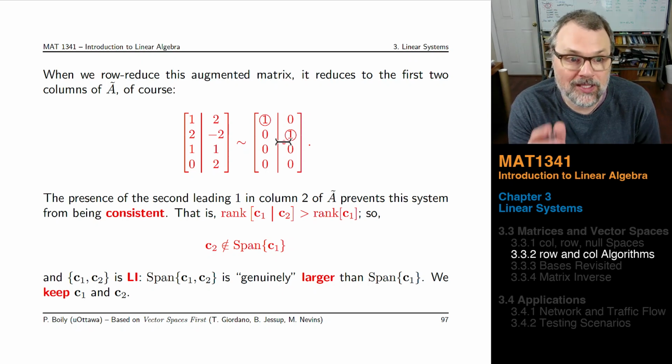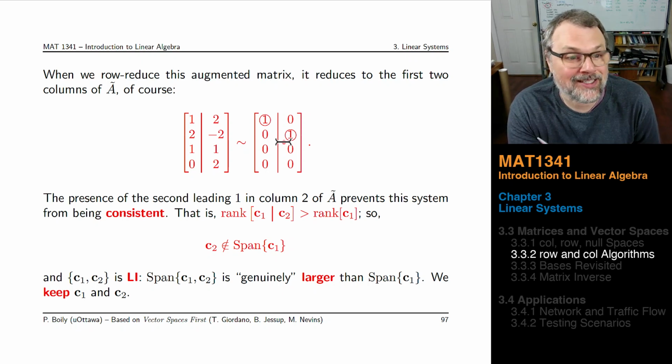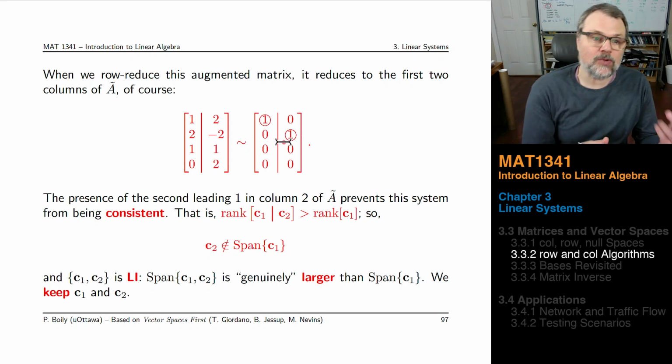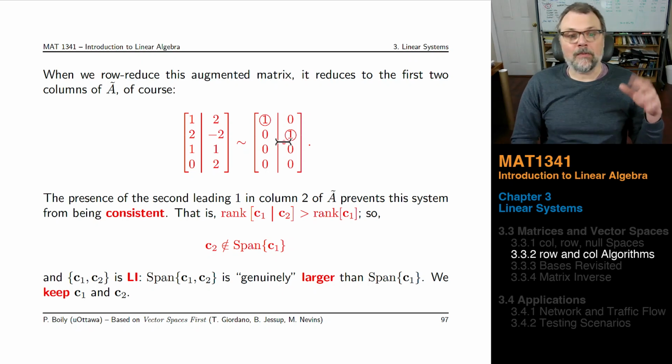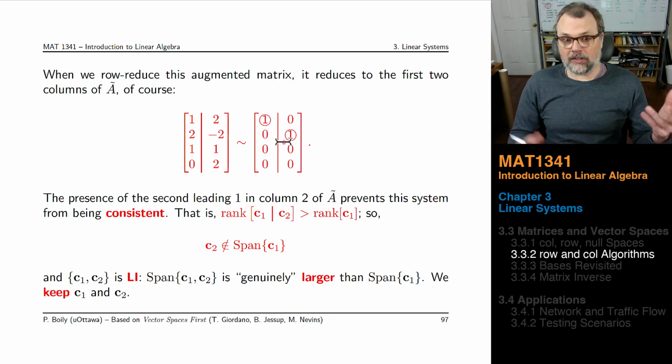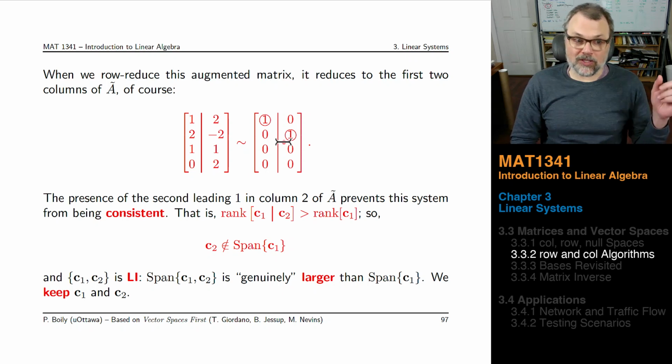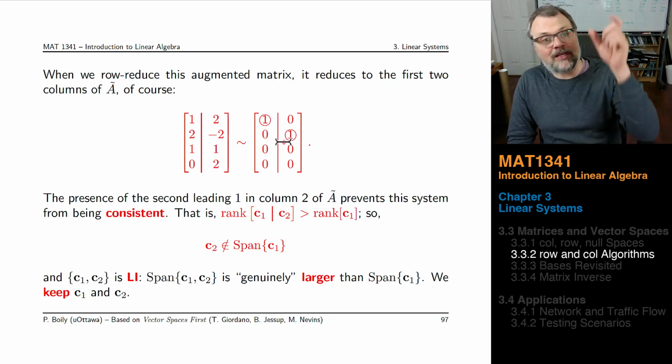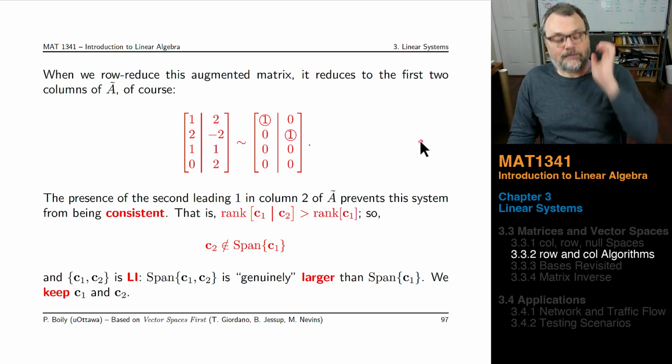So C2 is not in the span of C1. C1 and C2 are thus linearly independent. The span of C1, C2 is genuinely bigger than the span of C1. So we would keep both C1 and C2 as vectors in the basis of the column space.